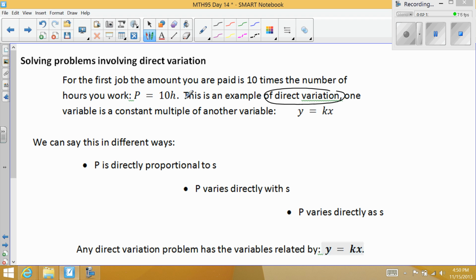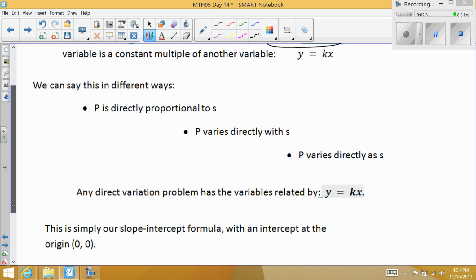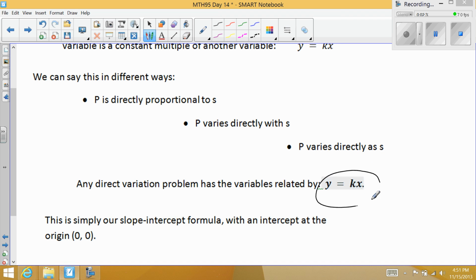There are different words you're going to see, and again, this is kind of looking for the code words in each problem. We could describe direct variation by saying that P is directly proportional to S. P varies directly with S. P varies directly as S. Any direct variation problem is going to end up having an equation, y equals some multiple of the second variable, which is our slope-intercept formula, y equals mx plus b, only the b is 0, it's going through the origin, and we're just calling m k for whatever reason.